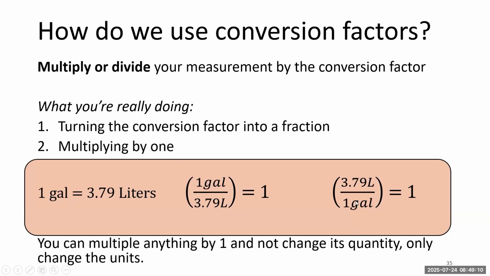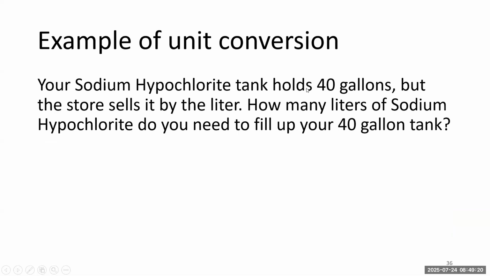Let's look at that in practice, because I think it makes a lot more sense when you just see it done. The idea is that you can multiply anything by 1 and not change its quantity, just change the units. So here's an example of unit conversion.